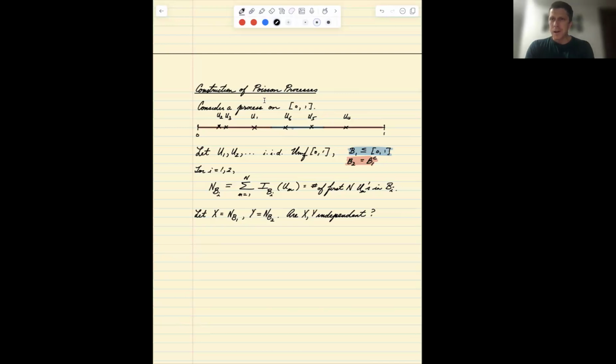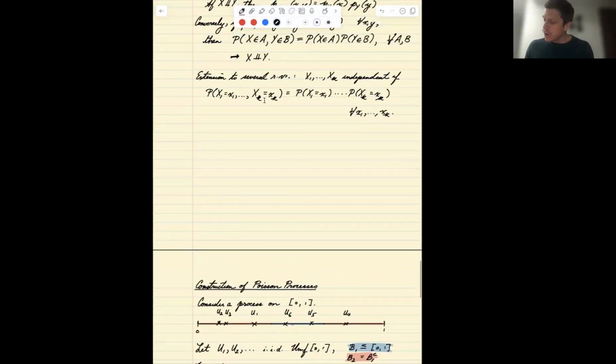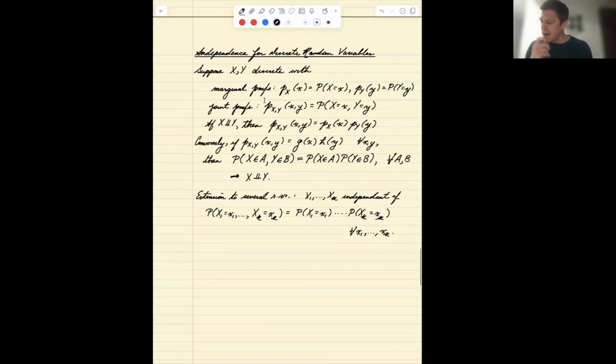Well, there's a couple ways we could show this. One would be to go to the definition. X and Y are discrete random variables, so we would need the probabilities to decompose as a product. We could work through the math to show whether it is or isn't.